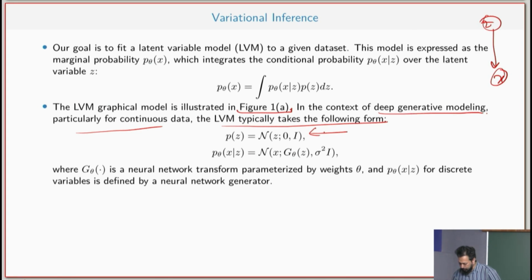So this is the standard normal, and what we do is generate the data given this Z via a generative model, and we may ask for that to also be normal. That could be my choice.